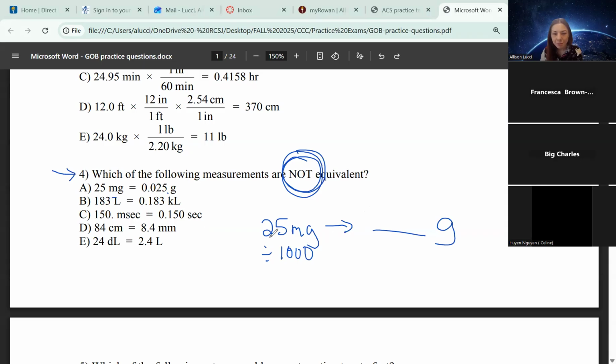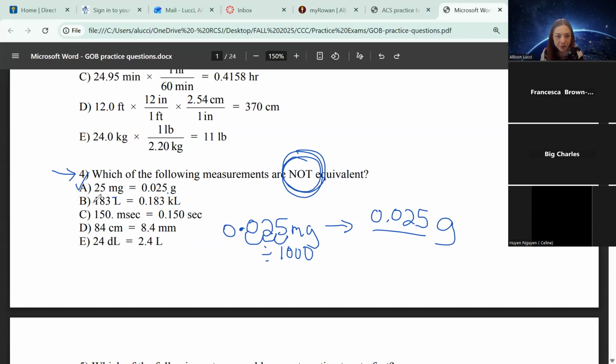So in this case, a milligram is 1,000th of a gram. So if I divide by 1,000, I'm going to end up with 0.025 grams. Another shortcut is if I move 1, 2, 3 hops over here, place a decimal place. So you can do it in your head, you can do it on the calculator, but A looks good. That's an equivalent value. To go from liters to kiloliters, that's 1,000 times.